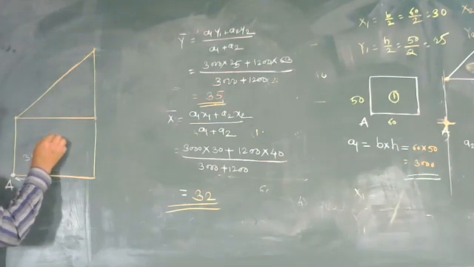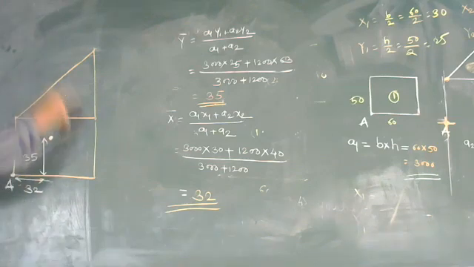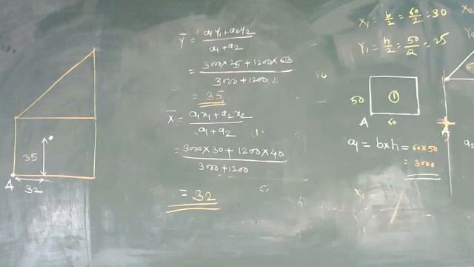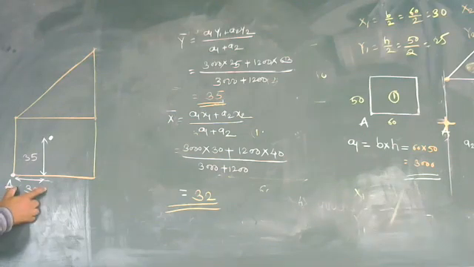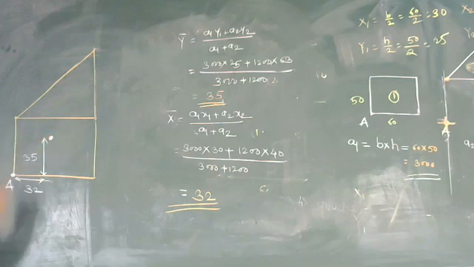At this location, the centroid of the composite structure, this complete plane, is situated. Where will the center point be? It will be at horizontal 32 distance and vertical 35 distance. Are you understanding?